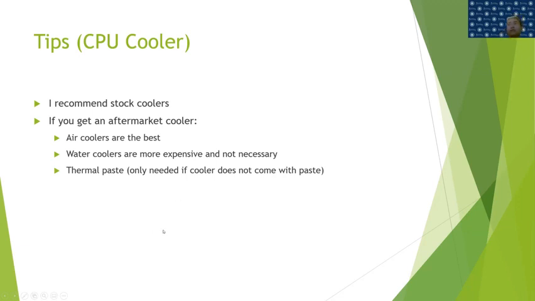Now, what's important to mention is that in almost all stock coolers and some aftermarket coolers, the thermal paste will already come with your cooler, or sometimes even be pre-applied. However, if that's not the case, then you need to buy your own thermal paste, which can really be of almost any kind, as long as you've checked to make sure it's compatible with your PC and you apply it correctly.